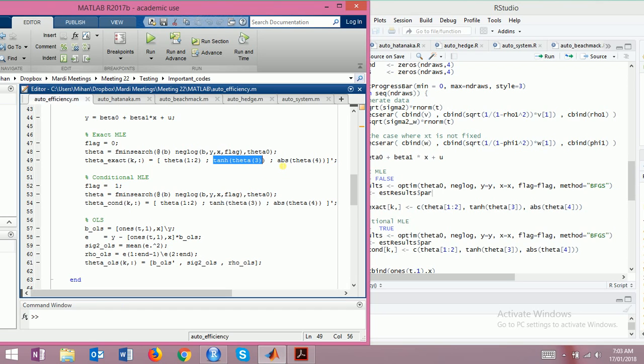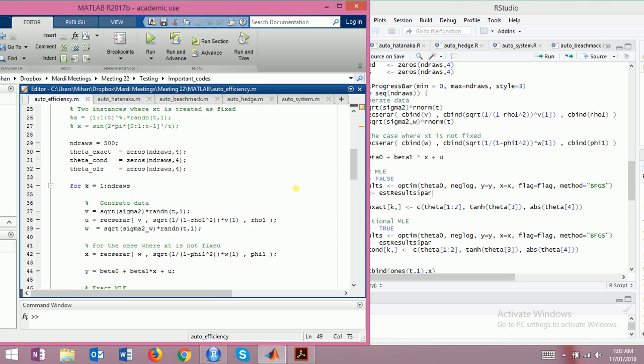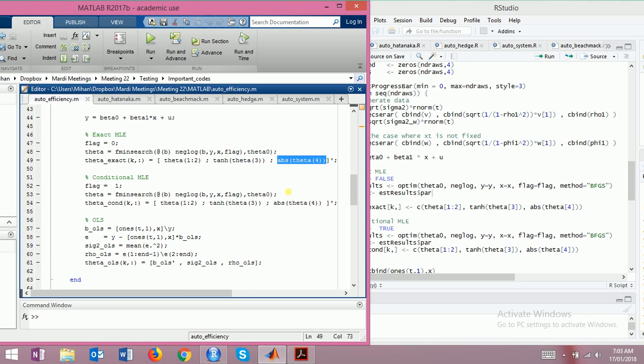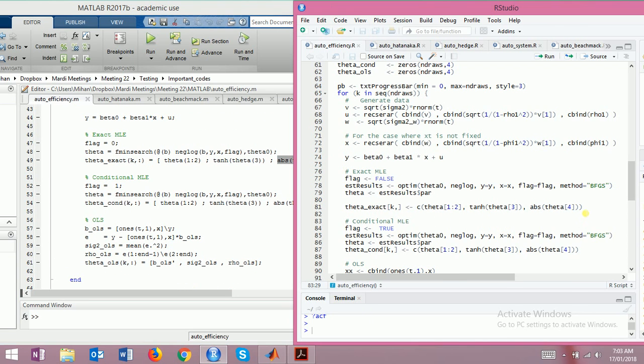We are doing it in a shortcut manner. Absolute value of theta 4 is the last one, which is the last parameter, sigma square variance. Beautiful. Absolute value of theta 4. See, so theta exact k, we don't need to put all the columns here in R, just the third brackets created. So combine theta 1 to theta 3, absolute value of theta 4.